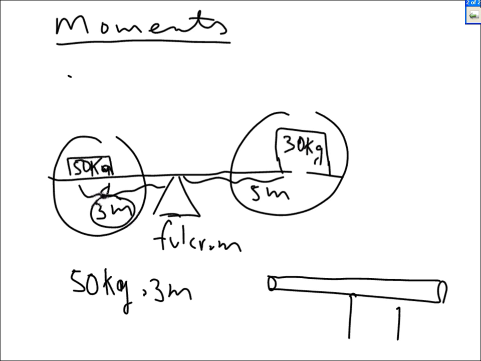But if you picked it up at the end, it seems like it weighs a bit more. As you deviate from the center, it seems to weigh more and more. I'm assuming that the weight is evenly distributed in this rod.